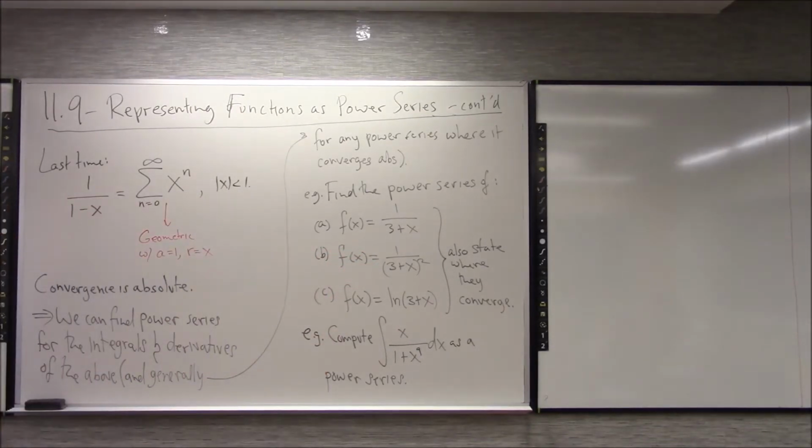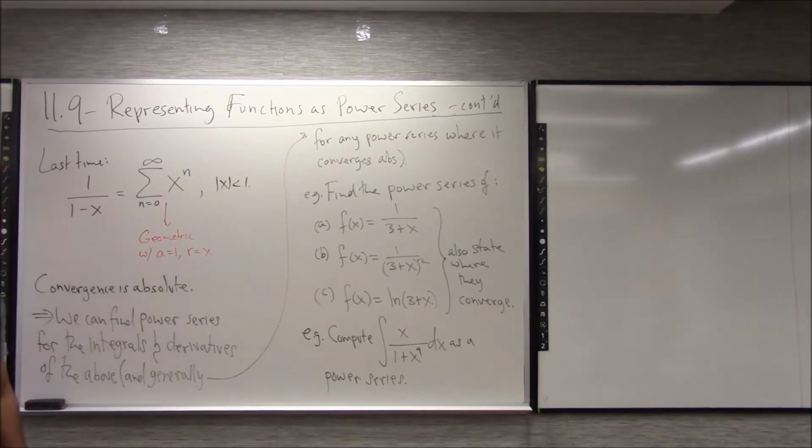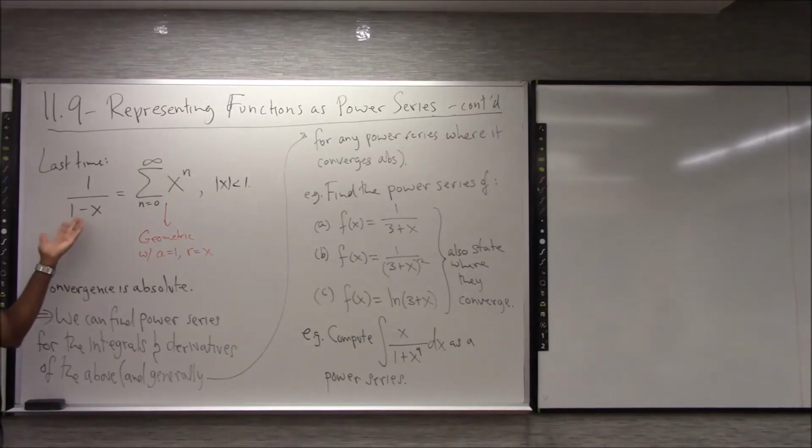One method is if we know the power series for a similar enough function, we can use algebra to finagle the function that we're considering to look like a function that we know the power series for, and then we can use that to get to the actual power series for that function.